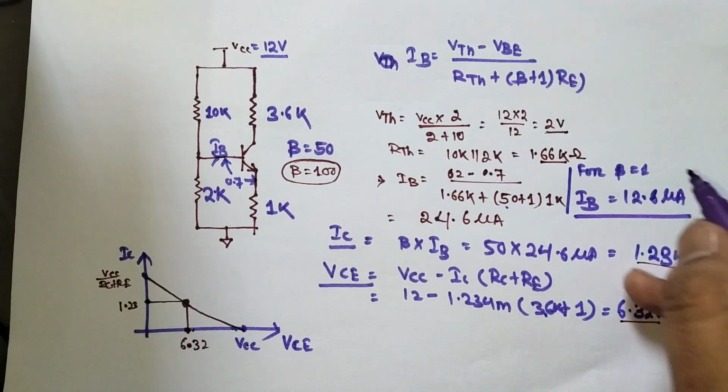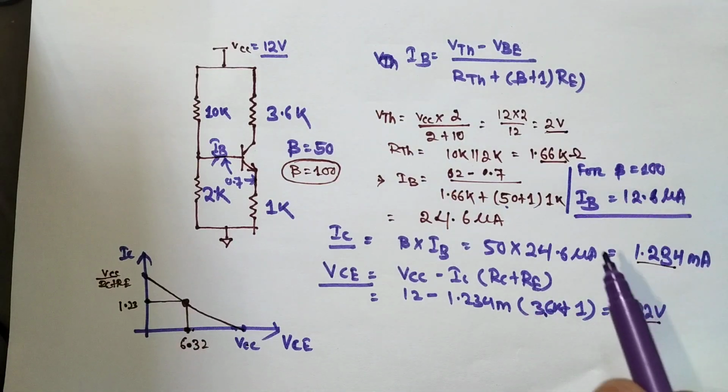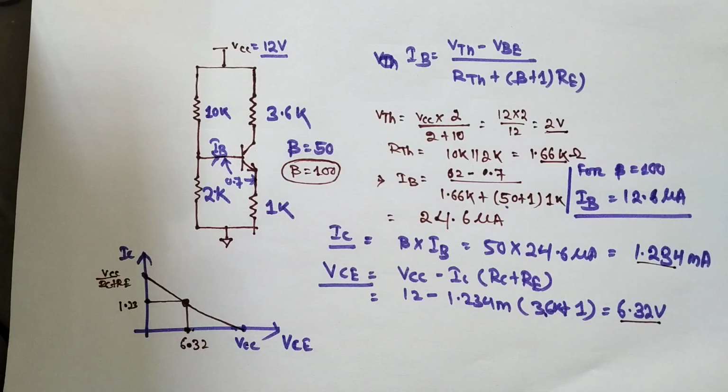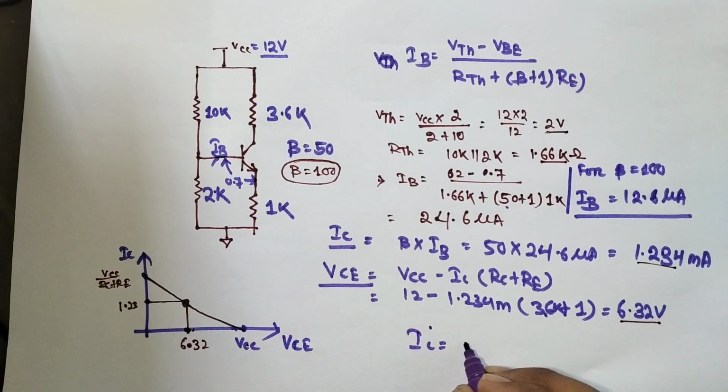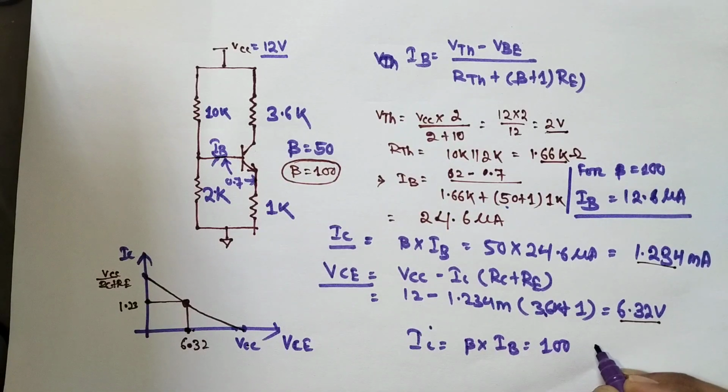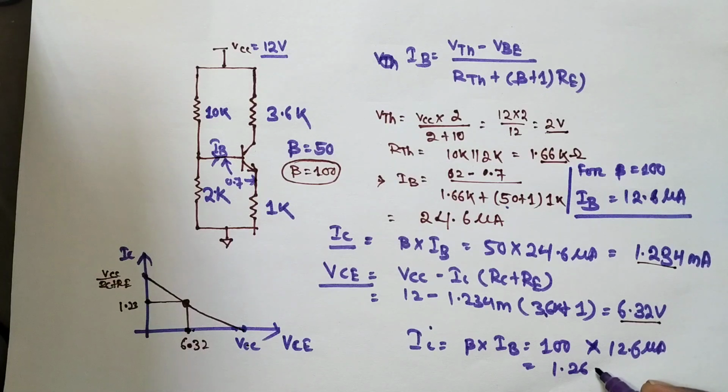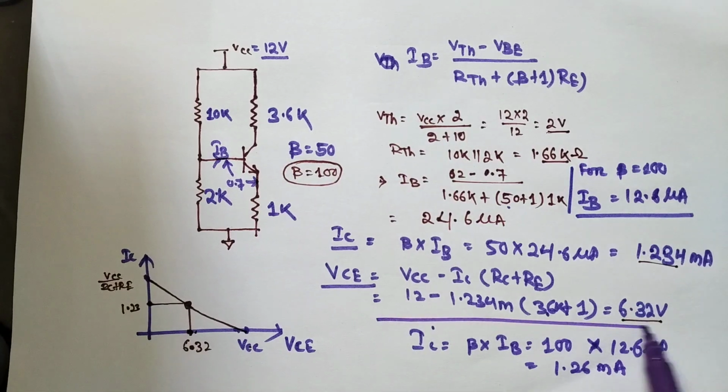So the new IC will be IC equal to beta into IB, 100 into 12.6 microampere, which is equal to 1.26 milliampere. Then we're going to find the VCE with the new value.